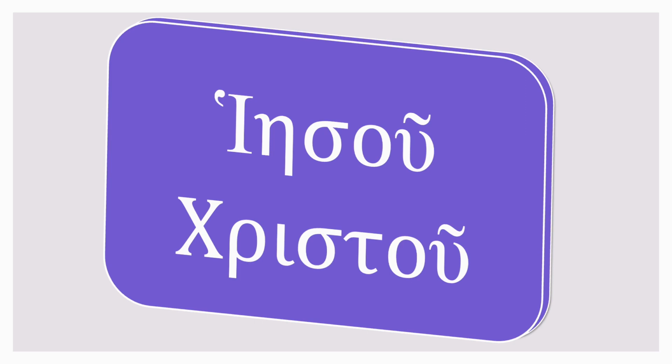And Iesou Christou, Jesus Christ. Here you may notice that we have the genitive ending, not because of possession but because of association. These words together are associated with each other, so they kind of own each other in a sense.